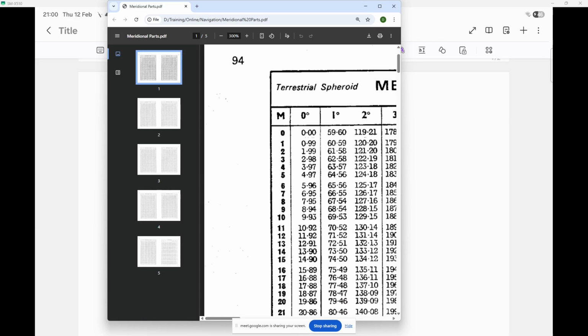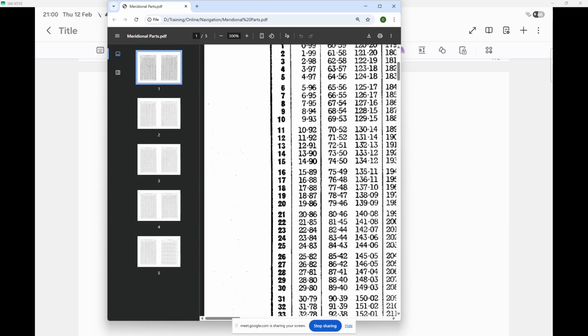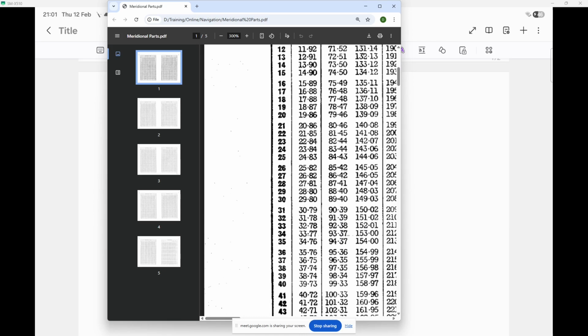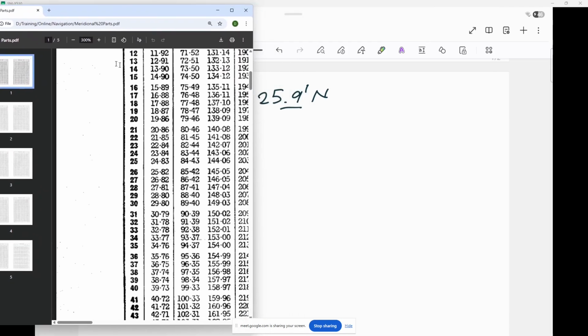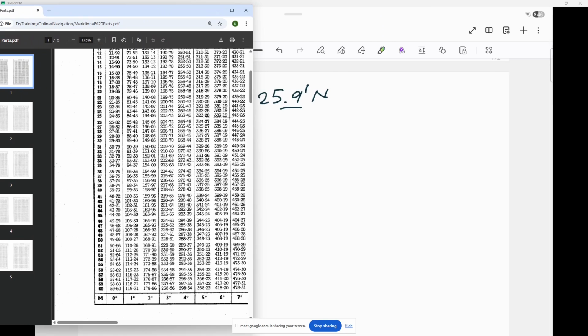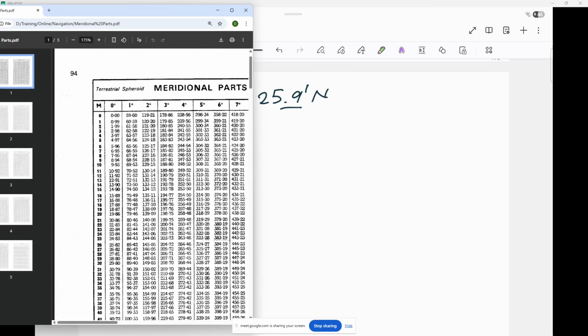So let's go to 1 degree. Let me write down here. I'm sure you can see.